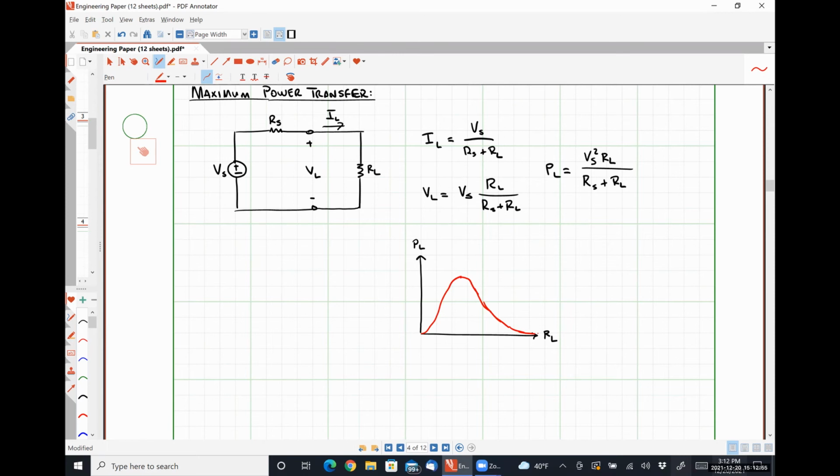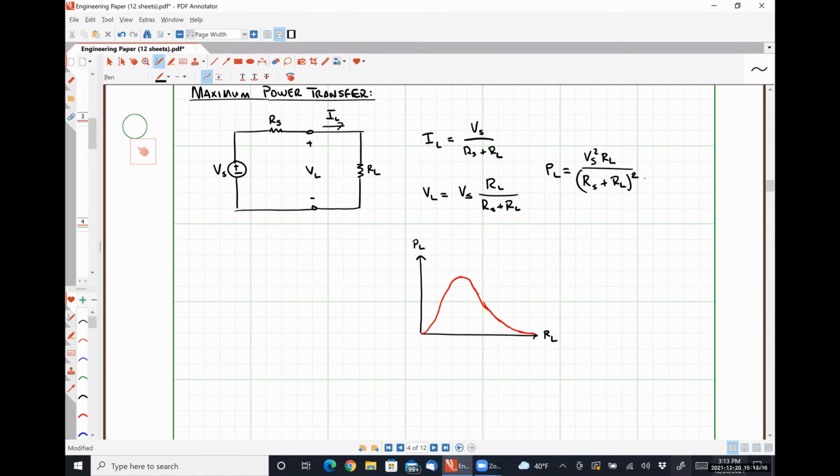It should be parabolic in shape, roughly. Where we know that when RL is equal... Yes, you are 100% correct. Thank you very much for that. Yes, absolutely, it should be squared.